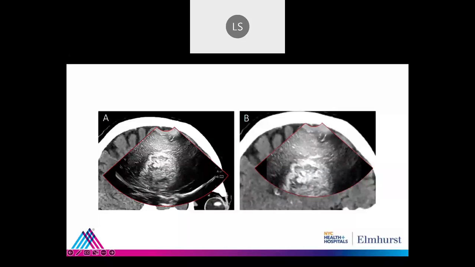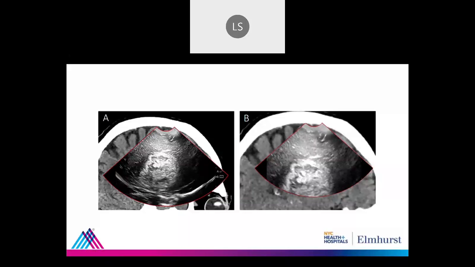In this case, this is the tumor, and this is the skull base and the dura. And then once we want to focus on the tumor itself, we decrease the zoom or the depth to 4 to 5 centimeters, depending on how deep the lesion is.